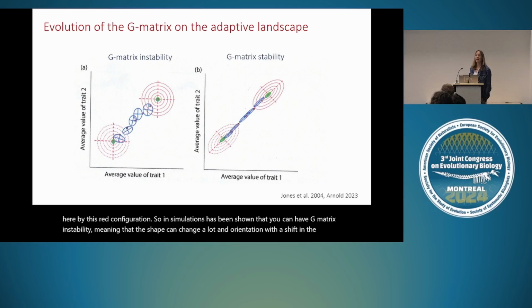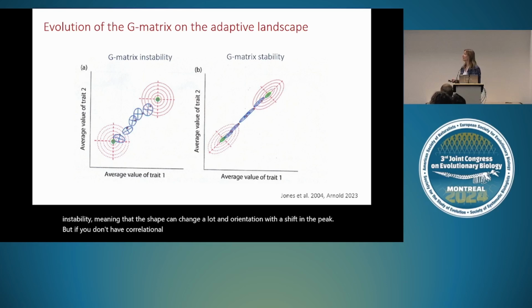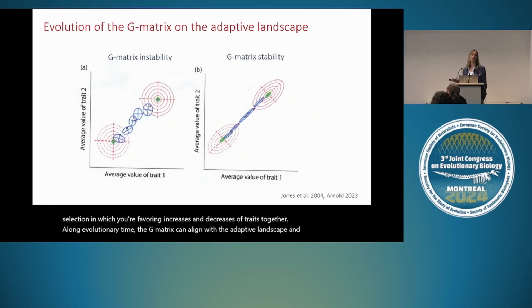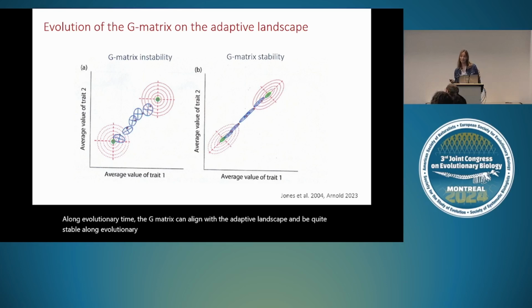But if you have correlational selection, in which you're favoring increases and decreases of traits together along evolutionary time, the G matrix can align with the adaptive landscape and be quite stable along evolutionary time. And this is interesting to study macroevolution.